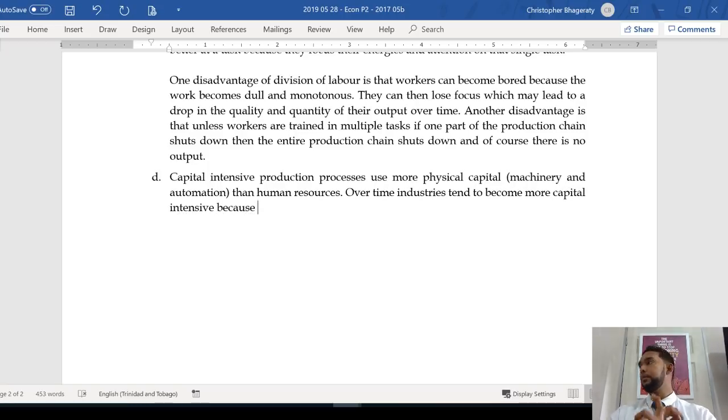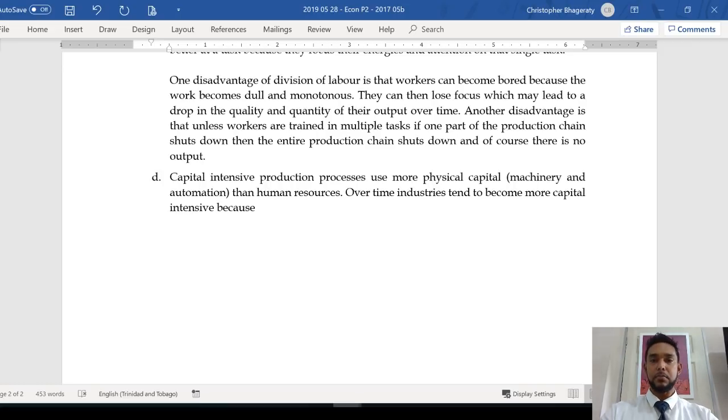because one, over time, what happens to industries? Do they grow or do they stay the same size? They grow. And to keep up with the increasing demand or production requirements, which makes more sense, to hire more people or to get machines to do the job of more? Right.